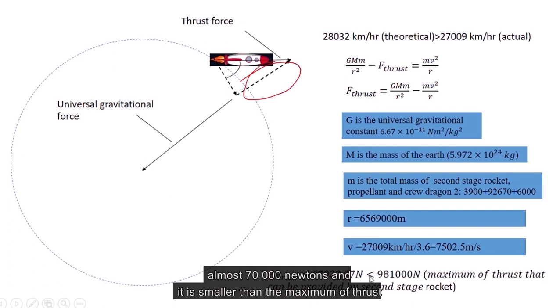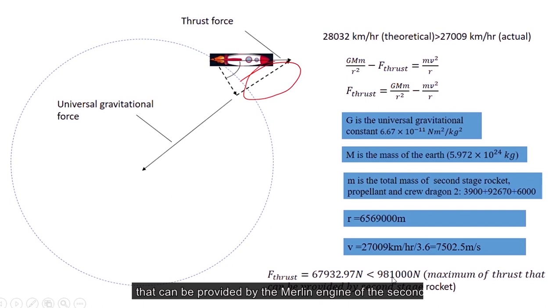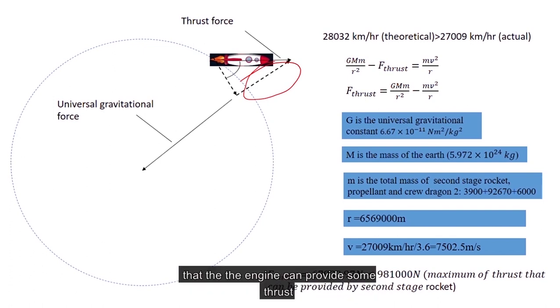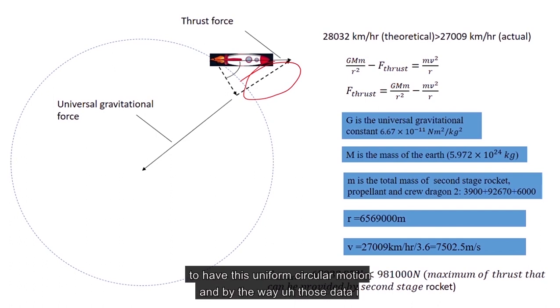And it is smaller than the maximum thrust that can be provided by the Merlin engine of the second stage rocket, which means it's totally possible that the engine can provide some thrust to counteract some of the gravitational force to have this uniform circular motion.